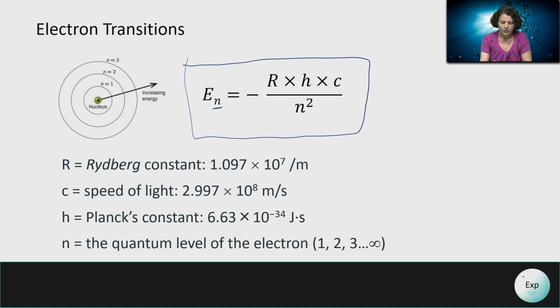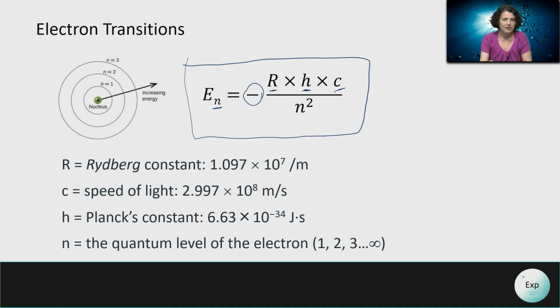This is equal to, and here we have a negative sign to indicate the attraction between positive and negatively charged particles. Here we are talking about electrons being attracted to the nucleus. R is the Rydberg constant, which is 1.097 times 10 to the 7th per meter. h is Planck's constant, and c is the speed of light.